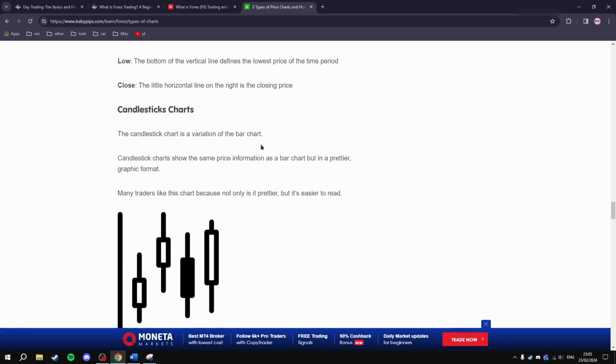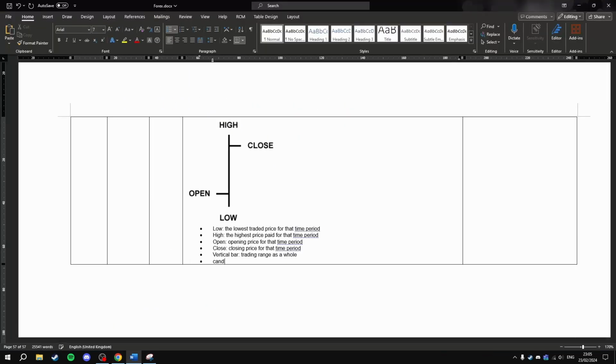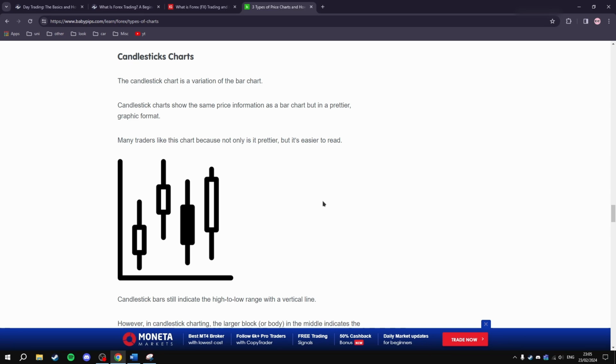Okay. Candlestick charts. A candlestick chart is a variation of the bar chart.